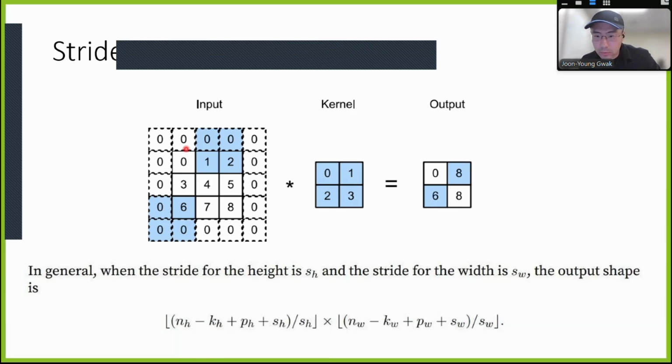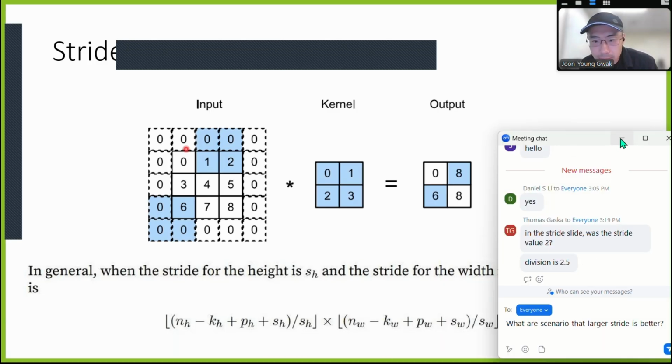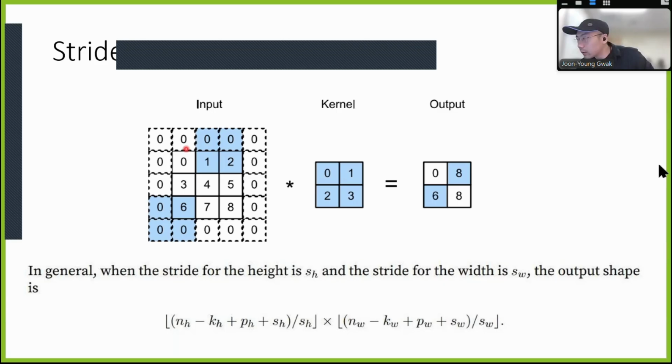Division is 2.5. I did not understand the question. I think you're referring to the formula, right?